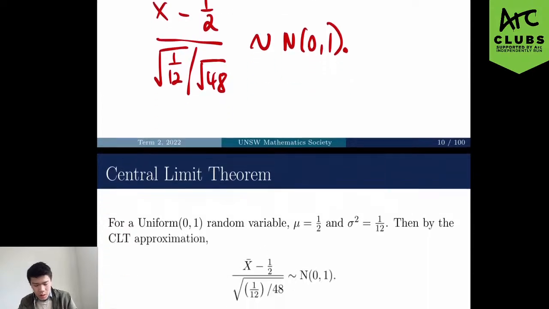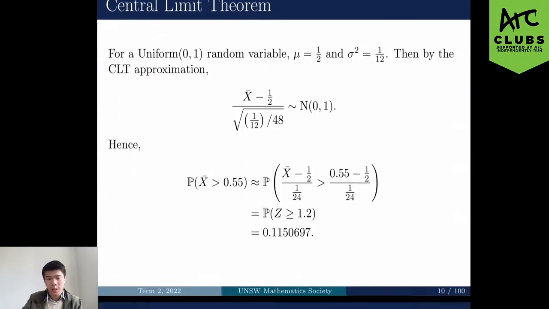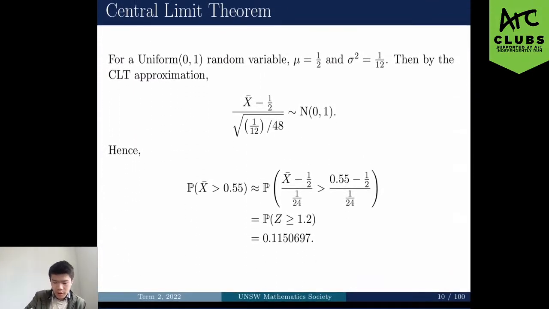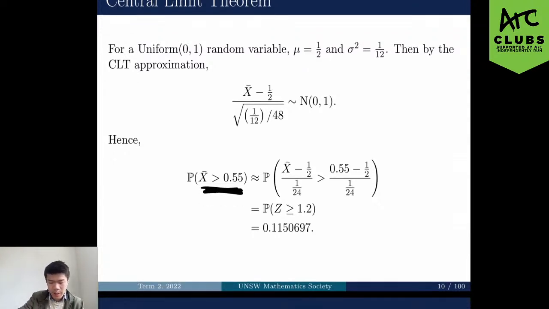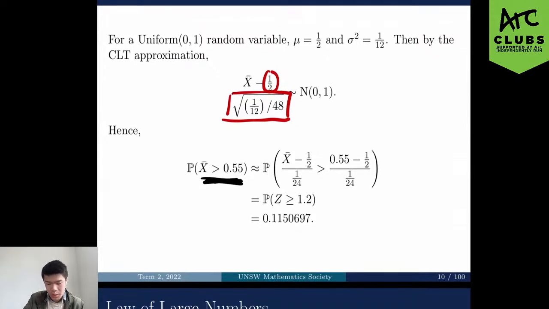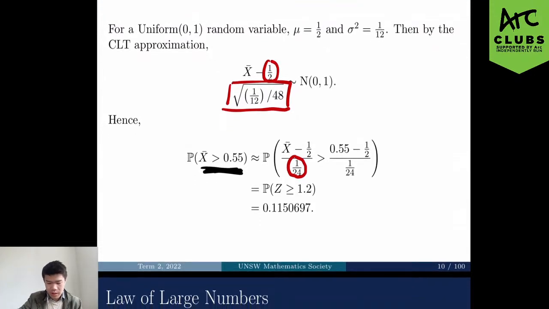So as we usually would, we're trying to find the probability that it's greater than 0.55. So you start with this, then we normalize it, exactly what we just did. So we subtract a half, divide by the root of 1 on 12 divided by 48, which turns out to be 1 on 24. And we do that to both sides. Then this thing becomes a standard normal random variable.